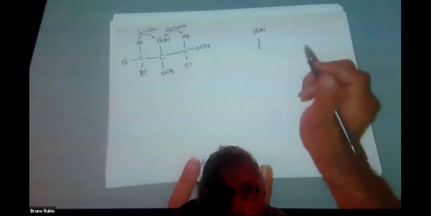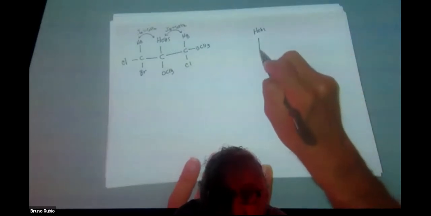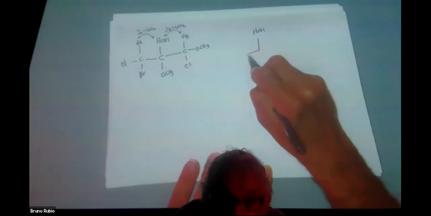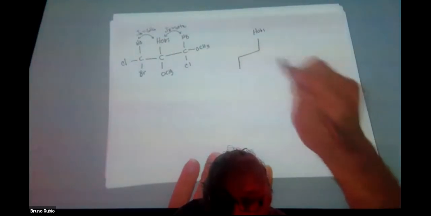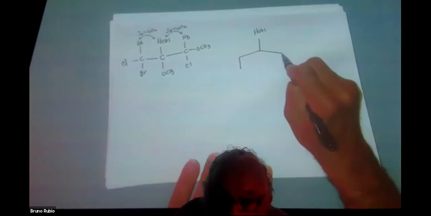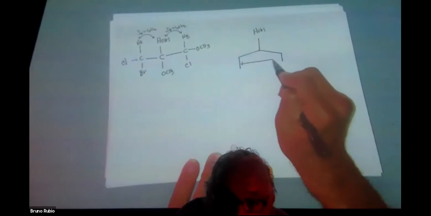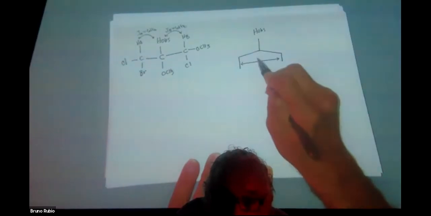All right, so let's turn on the splitting to HA. We get a 6 Hertz doublet. So something like that. This is 6 hertz. Right?